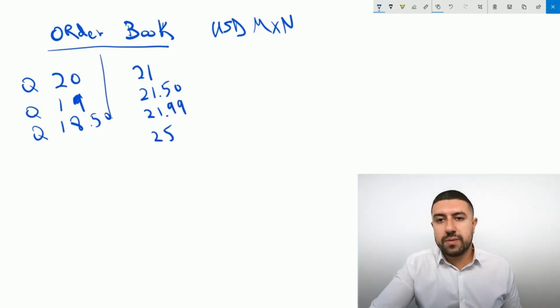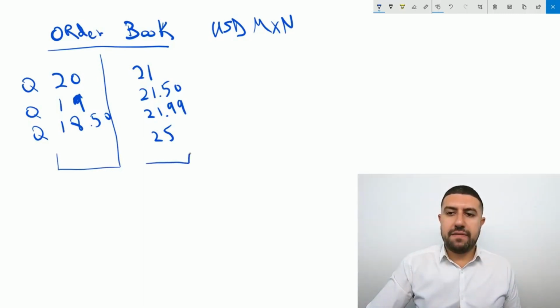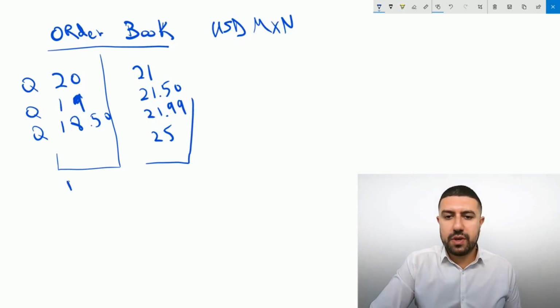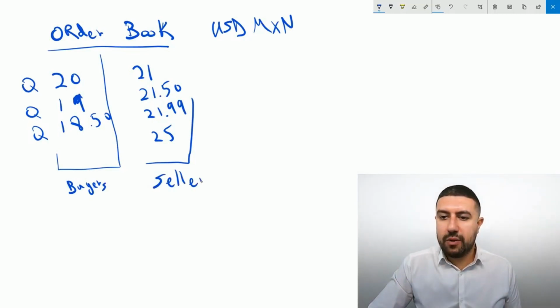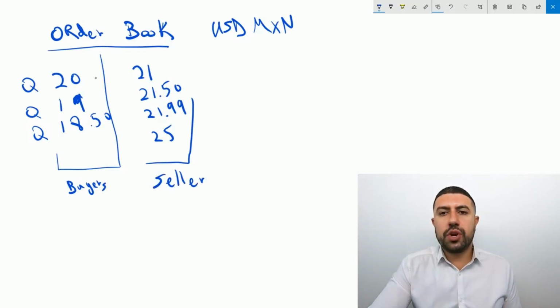So here you have the buyers, and here you have the sellers. Now, what we're going to call this is the order book, because it has all the orders for all the people who want to buy and sell.